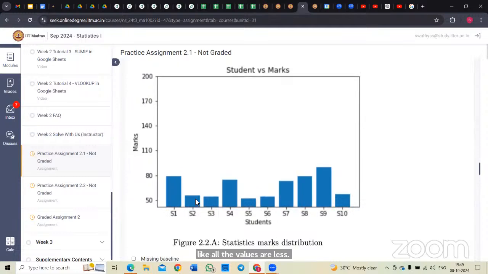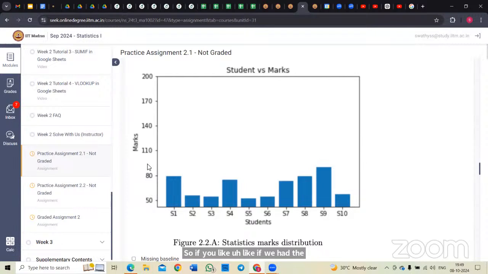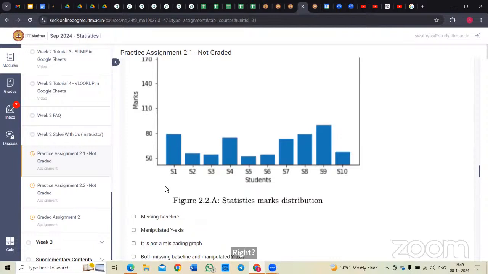If we had values till 100, like 10, 20, 30, 40, 50 till 100, then the bars would be a little longer, and we would be happy to see that the marks are good. Here we visualize the marks as not good, going lesser and lesser. That's why it is a manipulated y-axis. Okay, ma'am. Clear. Thank you.